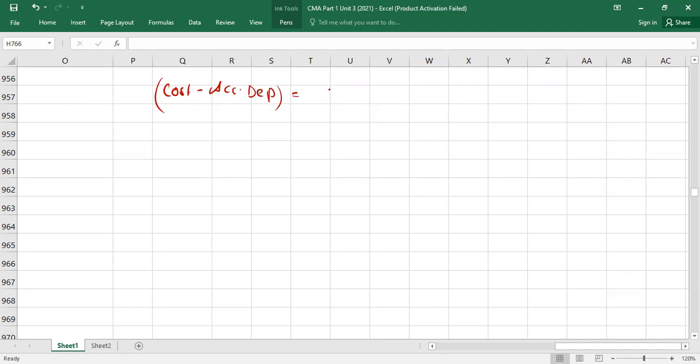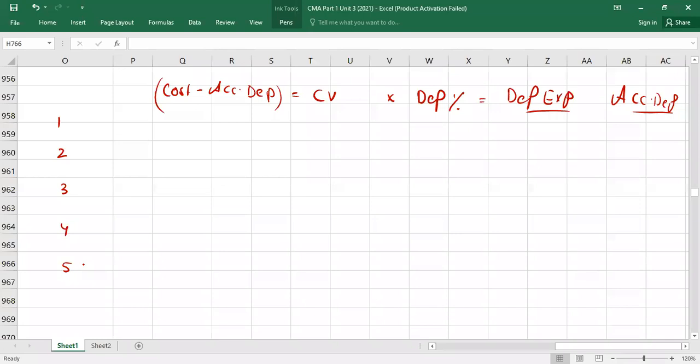It is going to give us carrying value. Multiply by depreciation percentage. This will give you depreciation expense. And I'm making one more column for accumulated depreciation. So here I'm writing year: year 1, 2, 3, 4, and 5.